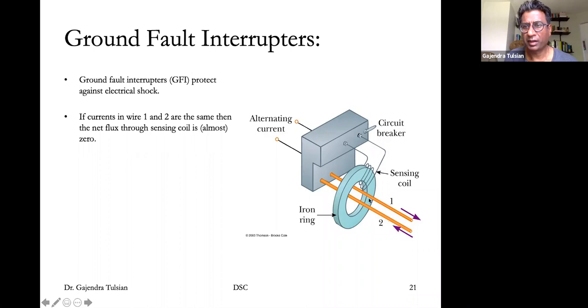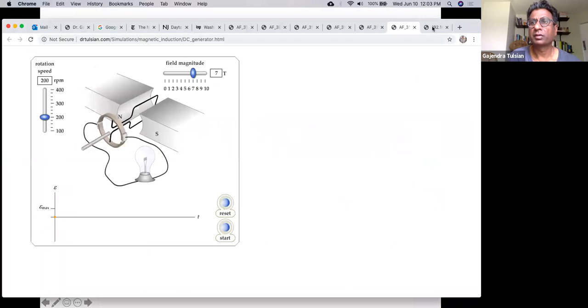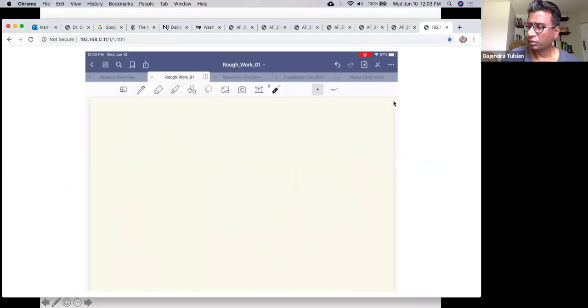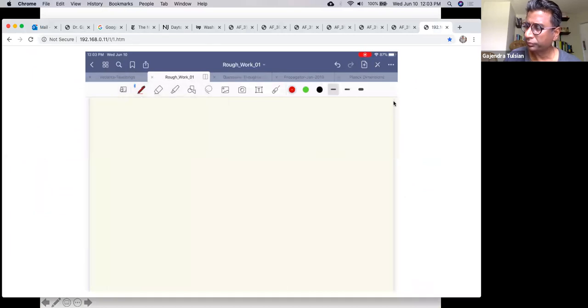The insides of that are the following. This is the incoming line, and there's the outgoing line. As long as the current goes through, this current is producing a magnetic field in that direction. You remember that a current flowing like that will produce a magnetic field in this sense.